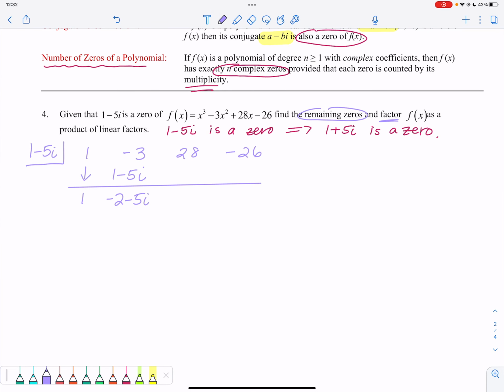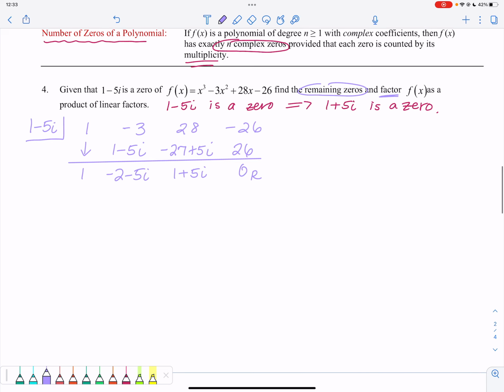And you can check the rest. I'll give them to you, but you can always check the rest. And then 1 plus 5i multiplied by 1 minus 5i is 26. And of course, we get that 0 remainder.